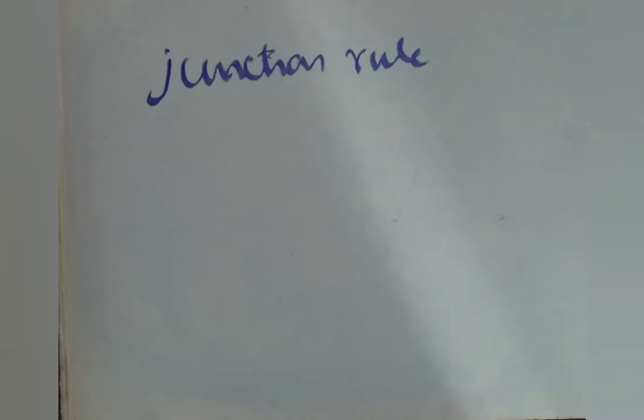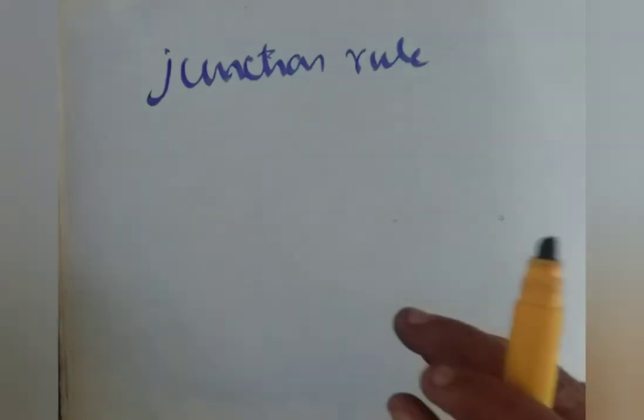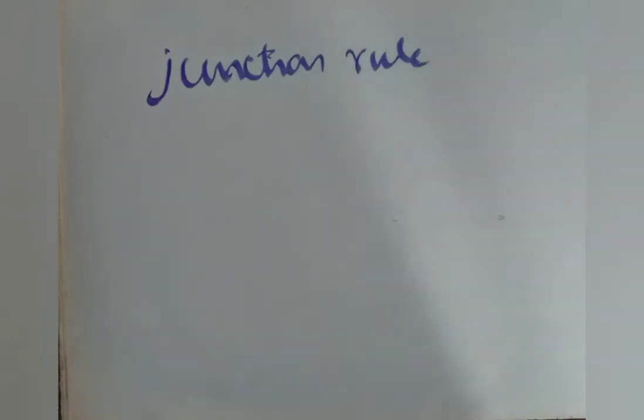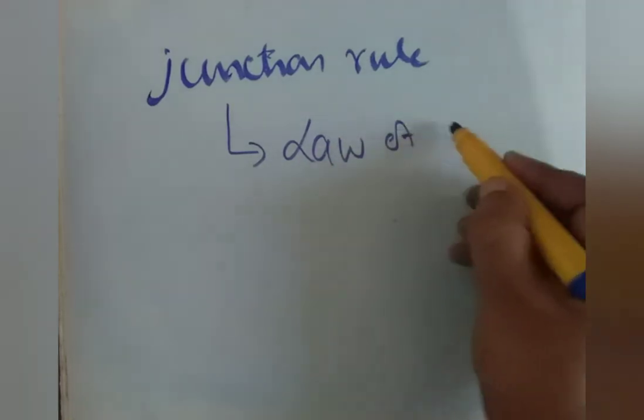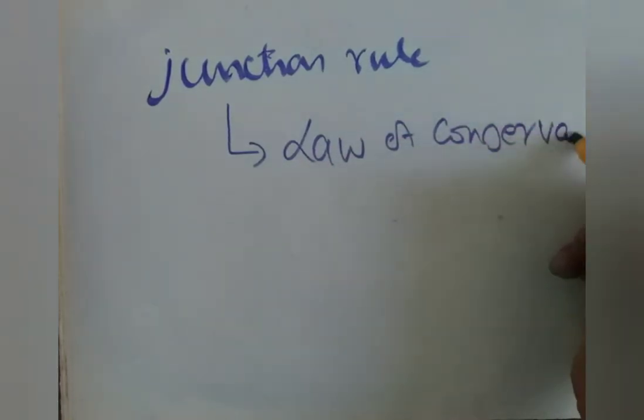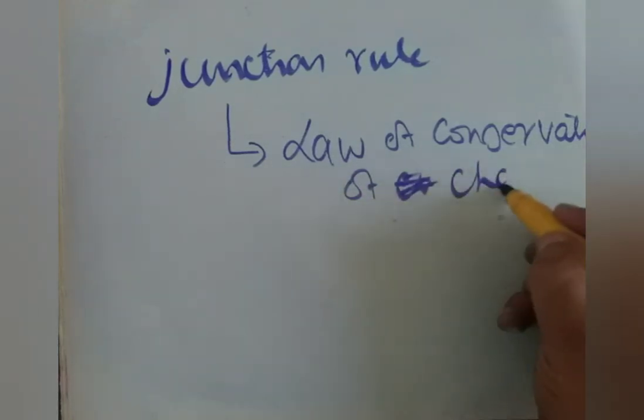In fact, it is the law of conservation of charge, because the sum of all currents entering a node means the total amount of charge entering the node, and the sum of all currents leaving a node is the total amount of charge going out of the node. That's why the junction rule is based on the law of conservation of charge.